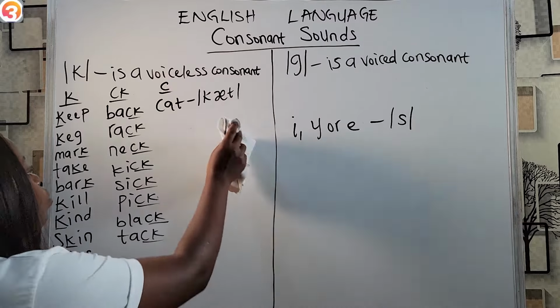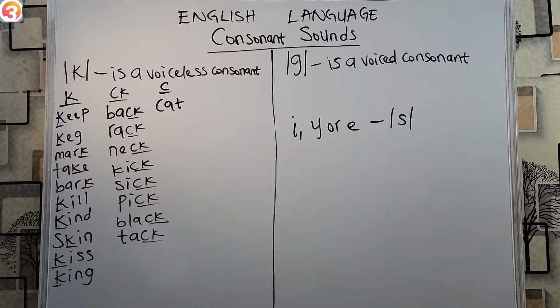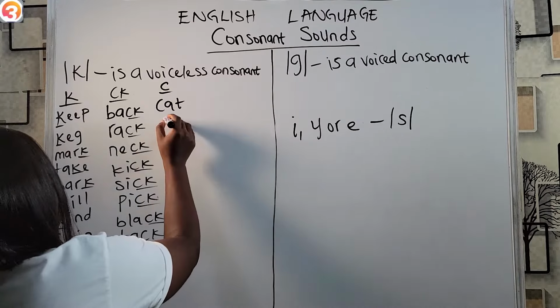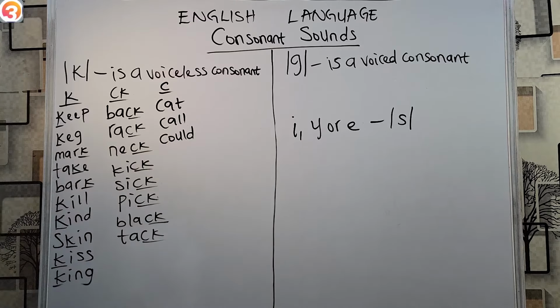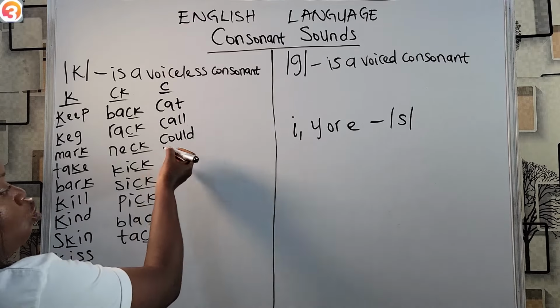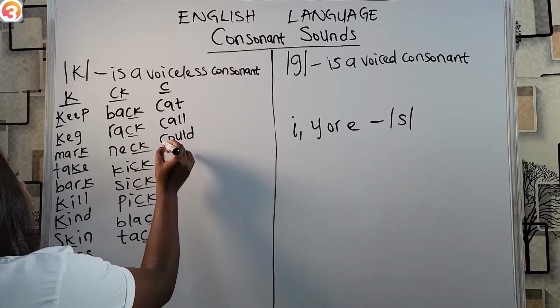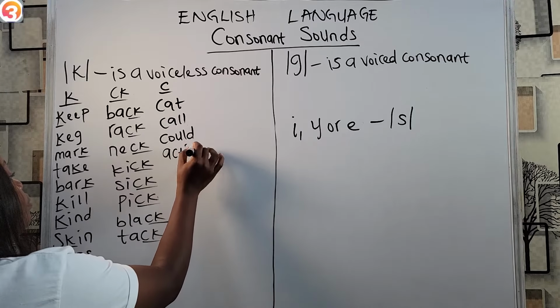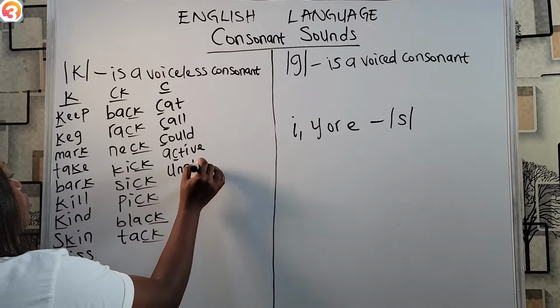Other words include call, could. Words like this, as long as C is not coming before I, Y, or E. We have other words like active, ankle.